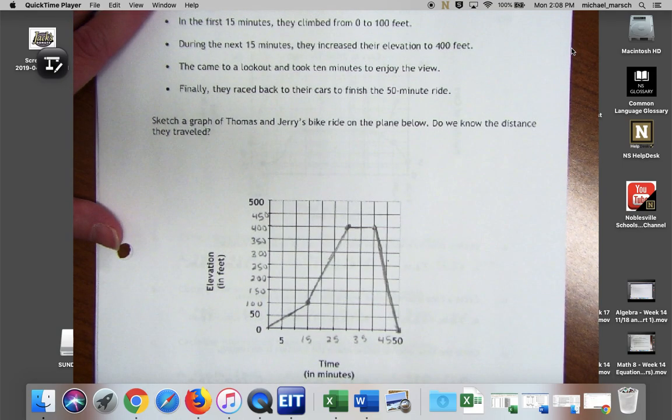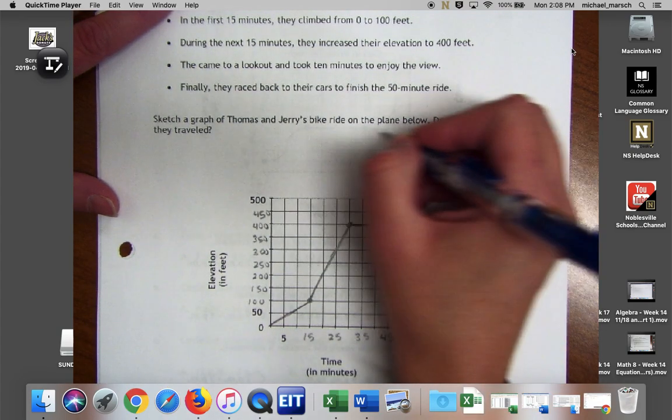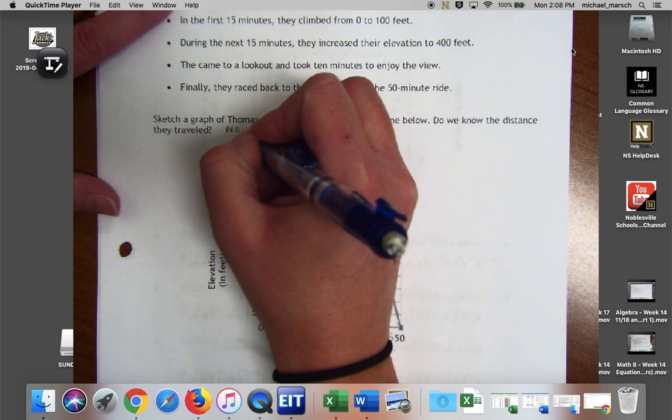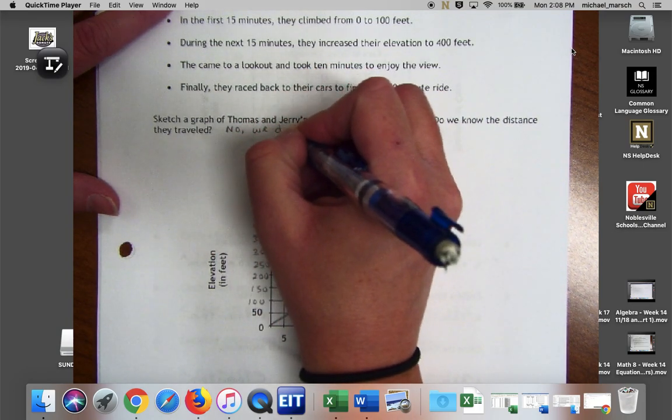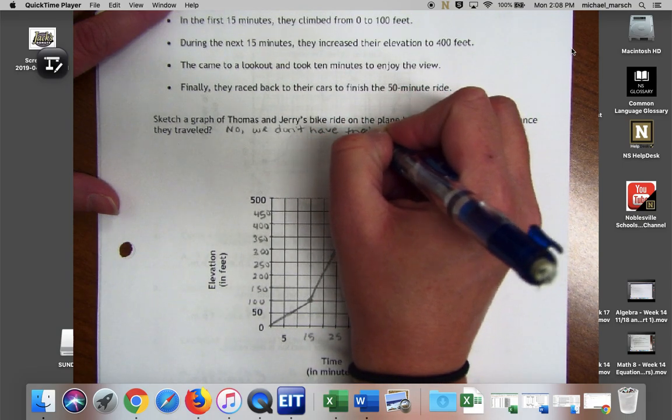We don't know what the paths, the trails, are. So do we know the distance they traveled? No, we don't have that information.